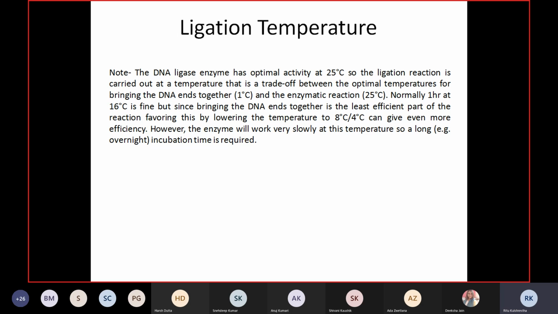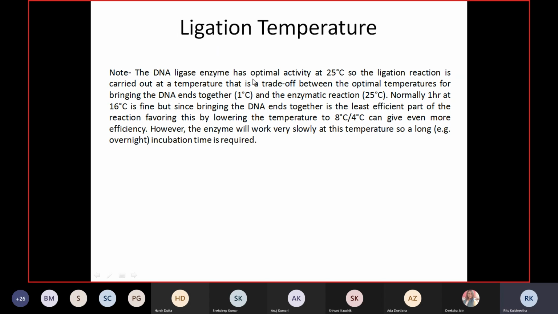So even in 5 microliter or 10 microliter reaction, it is prescribed that you set up in either 5 or 10 microliter reaction. And you set it up at 4 degree for 2 days or at 8 degree Celsius for one whole day. And that is how for library preparation, your ligation efficiency is very, very important.